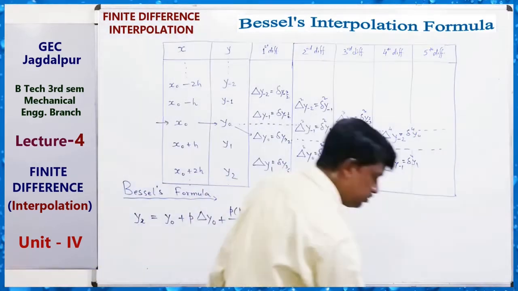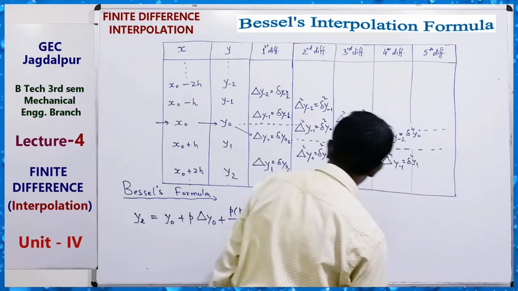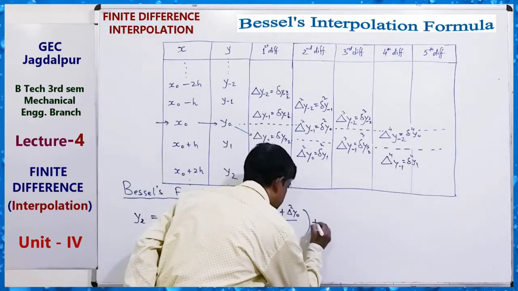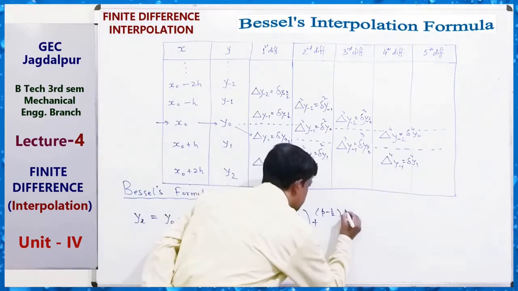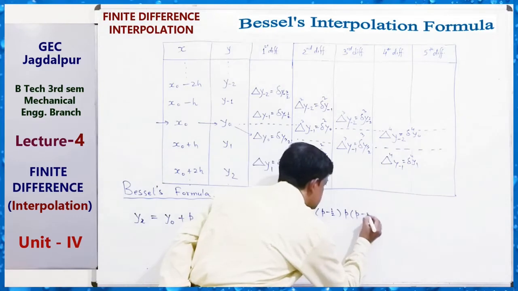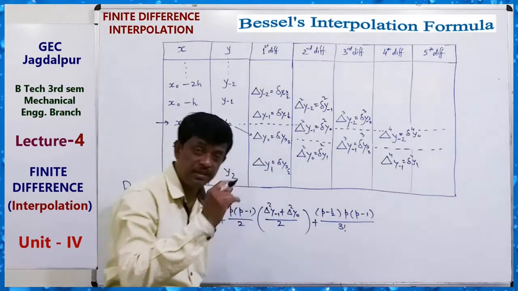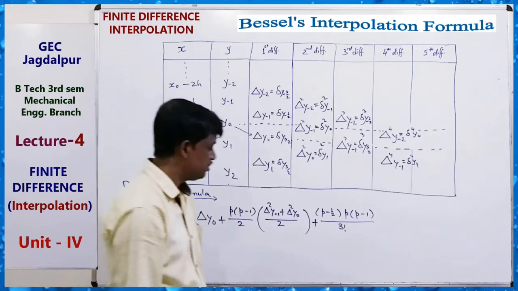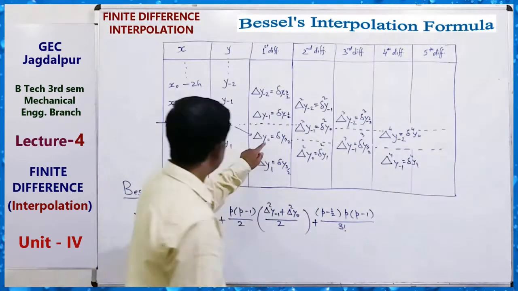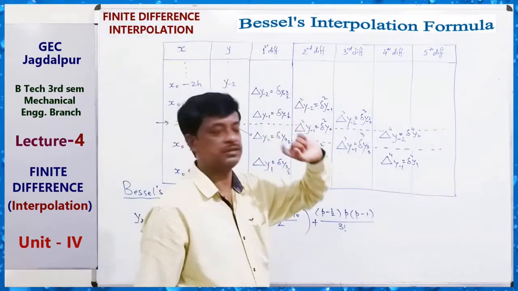and third value of p minus half, p minus 1. Now below, p minus half, p minus 1 by 3 factorial. The value of p is different, so remember it, okay. p minus half, p minus 1 by 3 factorial. This and then average of this and this. Third difference, just write this difference.